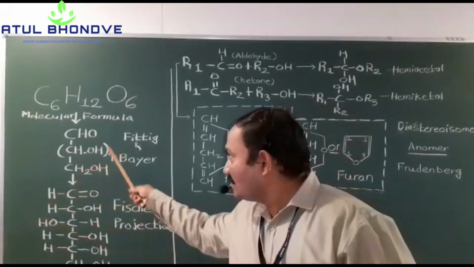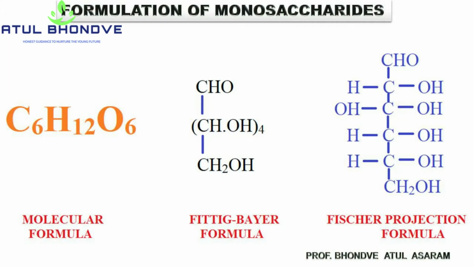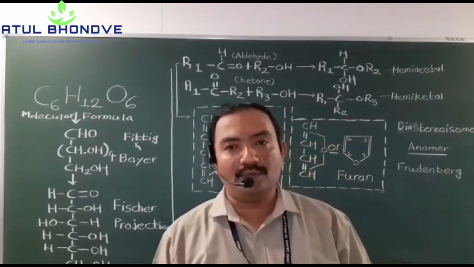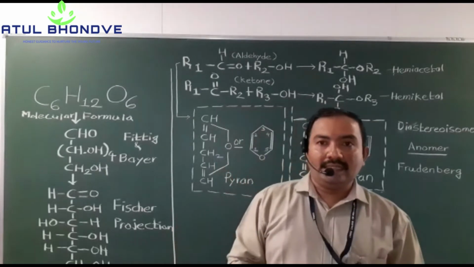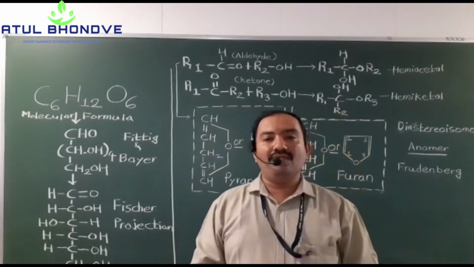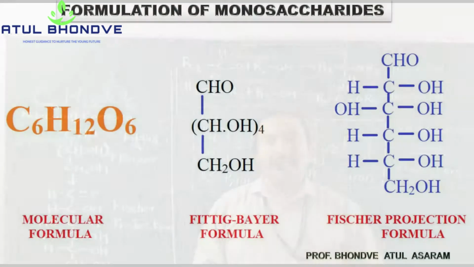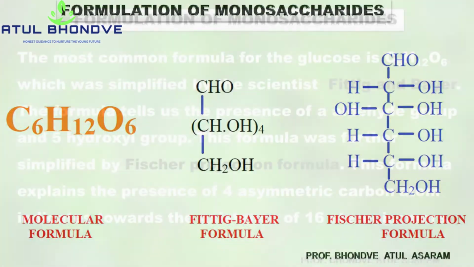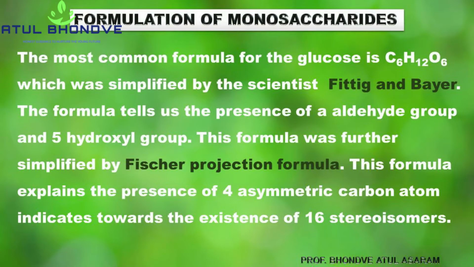The structure explains that the presence of an aldehyde group, 4 hydroxyl groups and 1 CH2OH group are responsible for the formation of glucose. This Fittig and Baeyer formula was further simplified by the scientist Hermann Emil Fischer, and he explained this formula as the Hermann Emil Fischer projection formula for glucose.